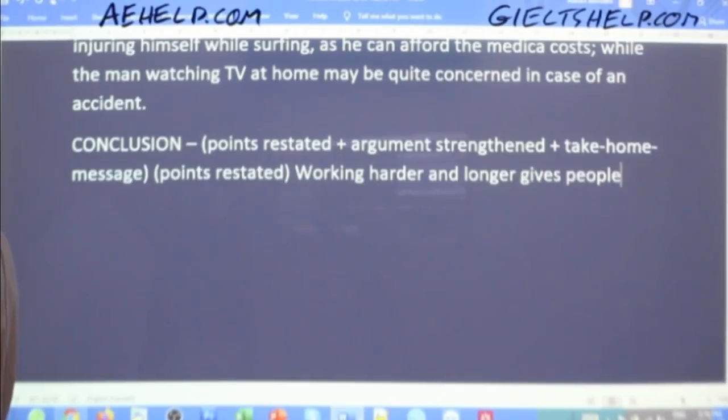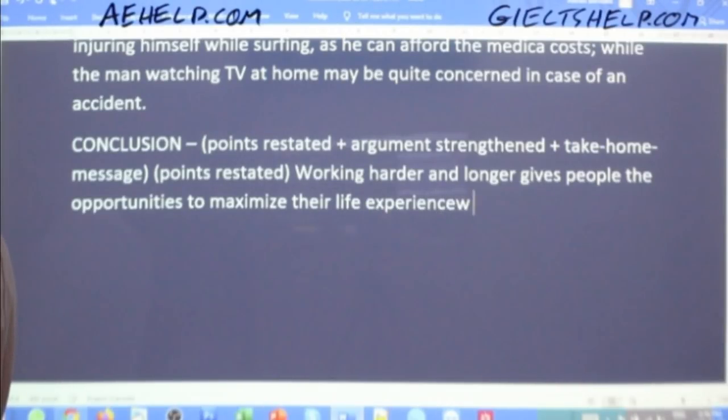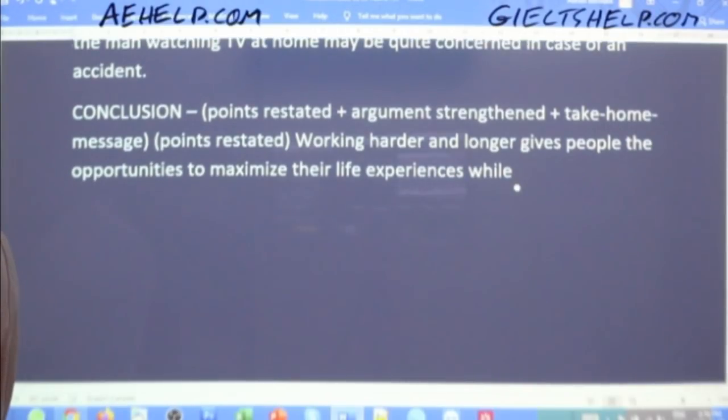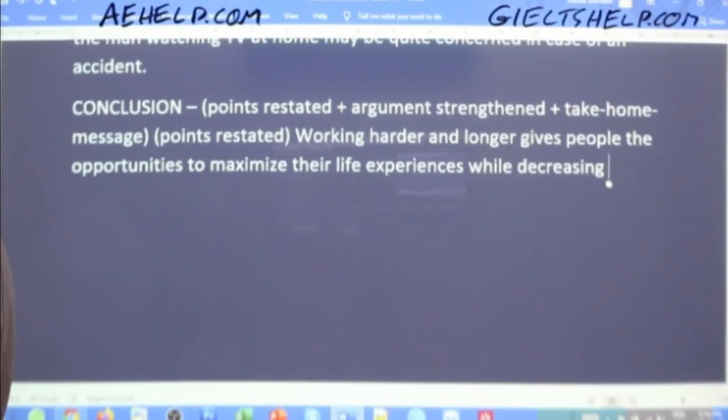Gives people the opportunity or opportunities to maximize their life experiences while decreasing their worries.